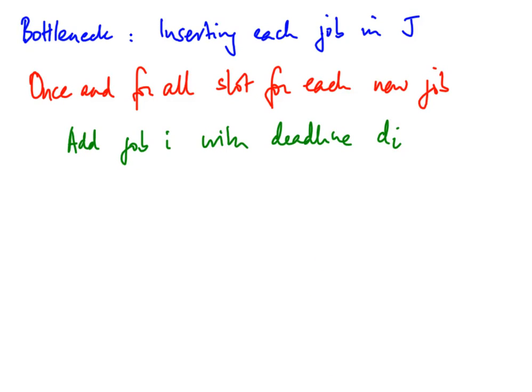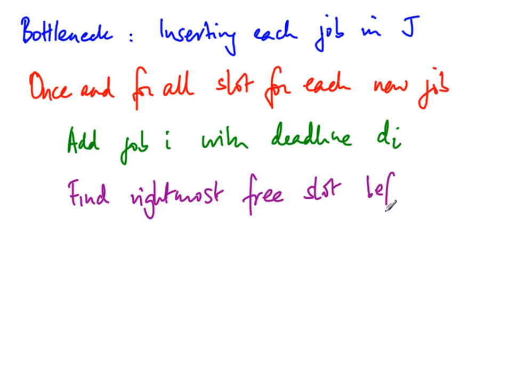Now suppose we can find the rightmost free slot before d_i. Let us call this slot alpha i. So alpha i is the rightmost free slot which is before the deadline.